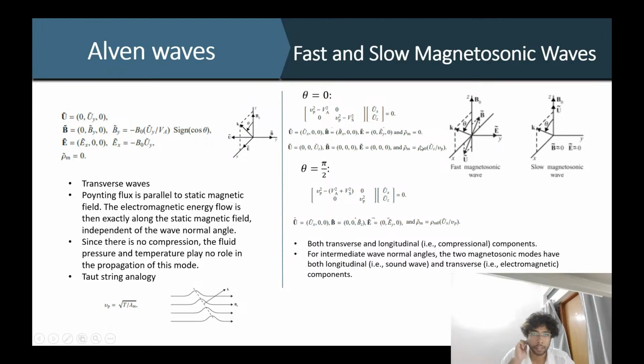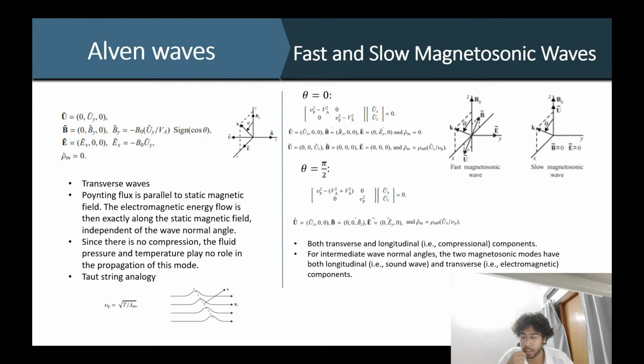Similarly, for theta equals pi by 2, that equation reduces down to this. And here we have only one solution, where Vp square equals Va square plus Vs square. Vp square cannot be 0, because Vp is omega by k.